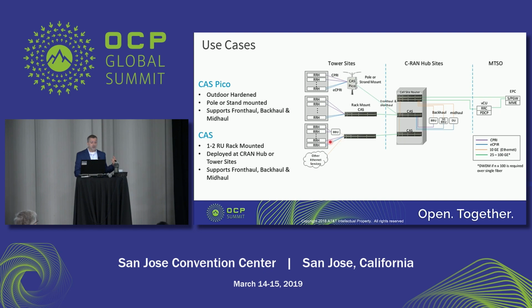Front haul traffic coming off the towers, as well as if you deploy this device at a macro or a micro site on top of a large office complex, we would foresee terminating those Ethernet services into this device for transport back to the hub.